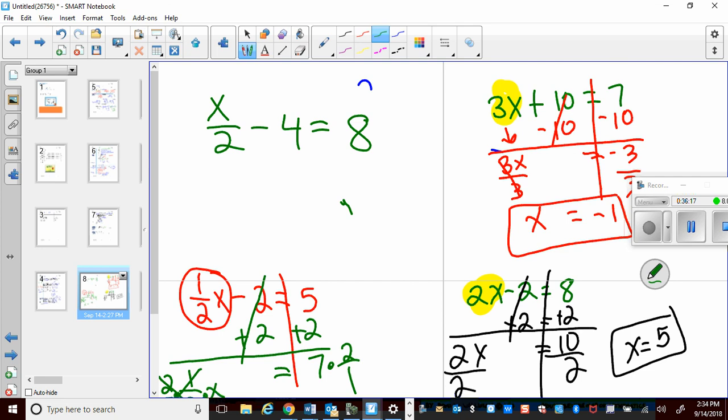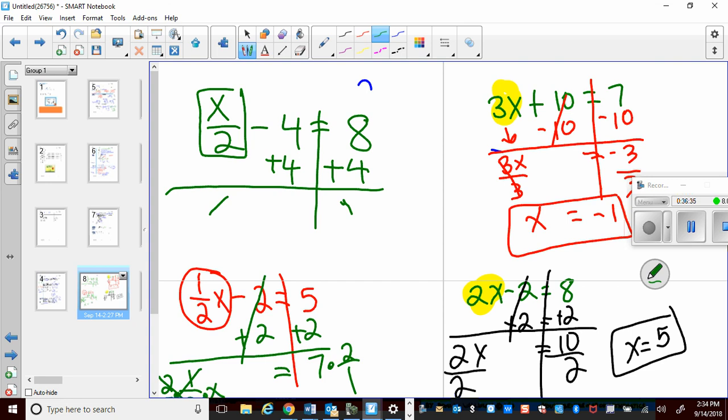Rewrite the problem. x over 2 minus 4 equals 8. What am I going to do first? Add 4 on both sides. x over 2 comes down. This goes away. Equals 12.